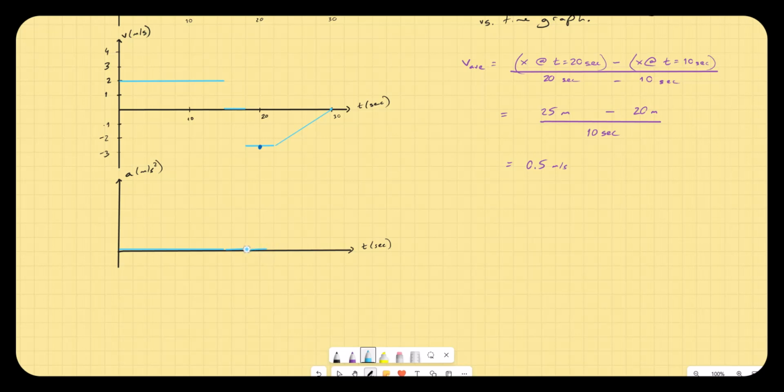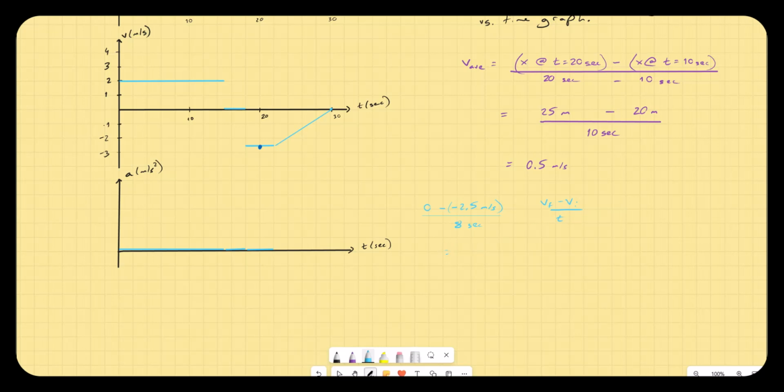And then the last part, from 22 seconds to 30 seconds, now I've got something. I'm going from negative 2.5 meters per second up to a final speed of 0. Acceleration is v final minus v initial all over t, and it's taking me 8 seconds to do this.